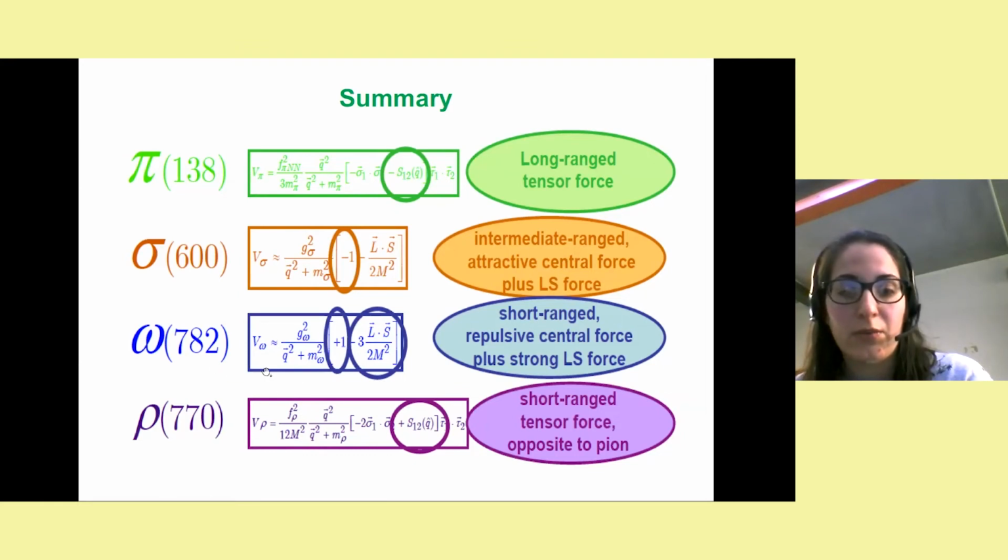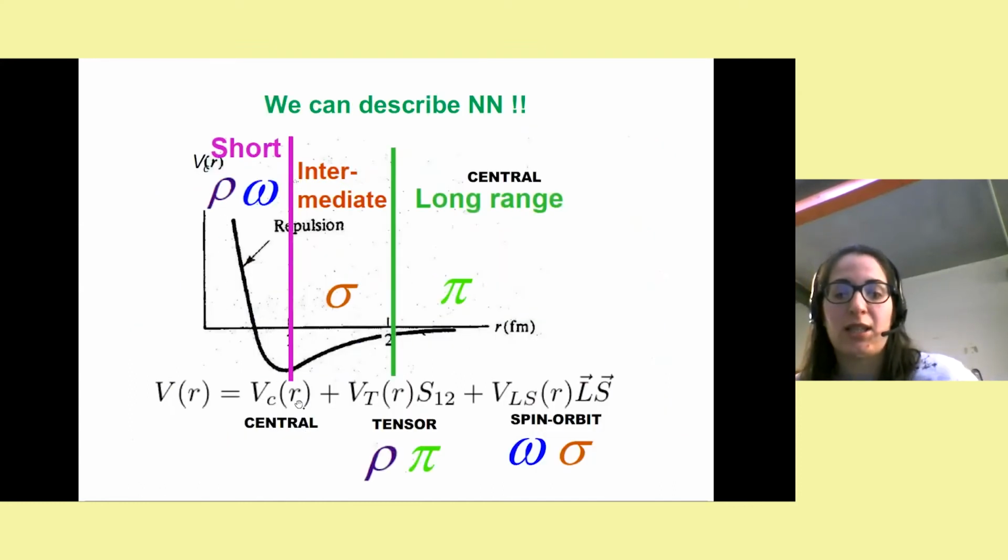You will see that because we have this one here, it's a repulsive central force, and the spin orbit is stronger than in the case of the scalar because it's 3 times this term here. And for the rho, because it's a tensor force, we also get this term similar to what we obtained for the pion. And this was the graphic that Laura was telling us, which is very clear graphically when you watch it, right?